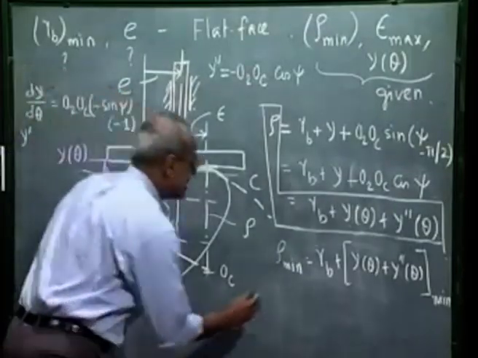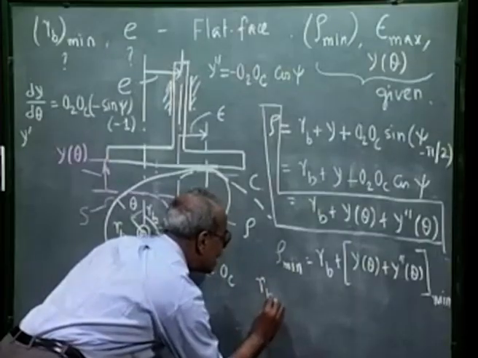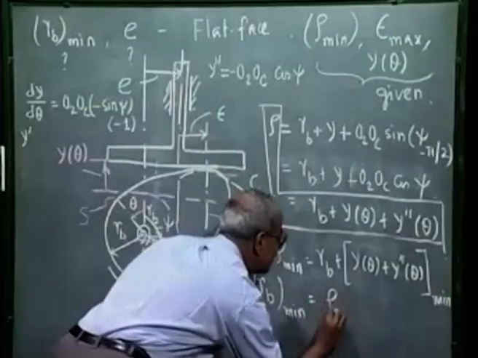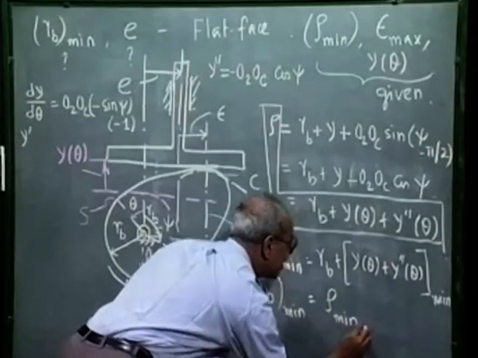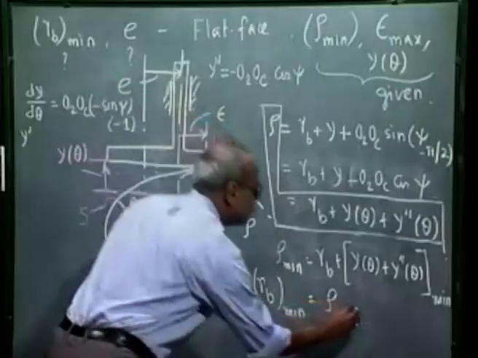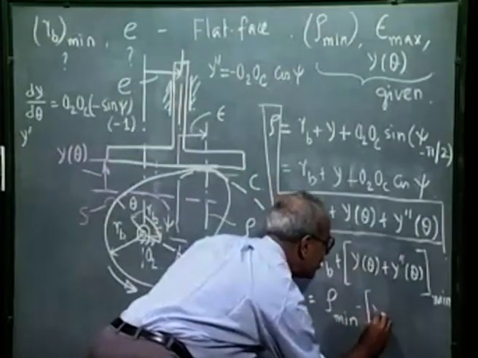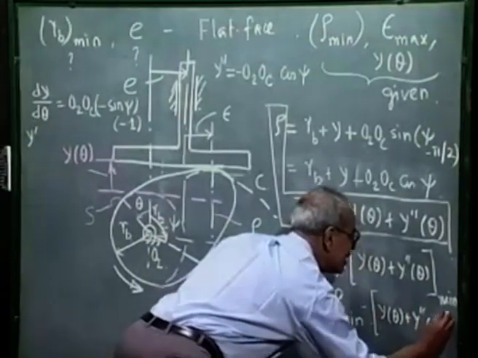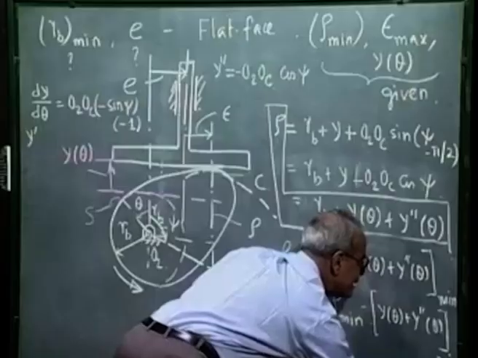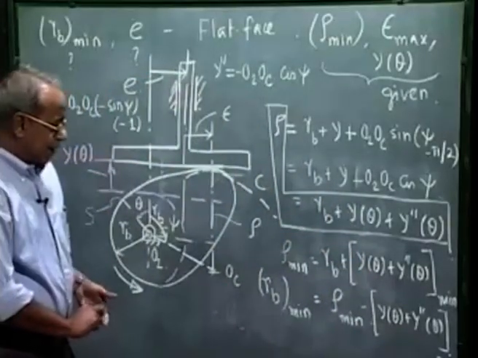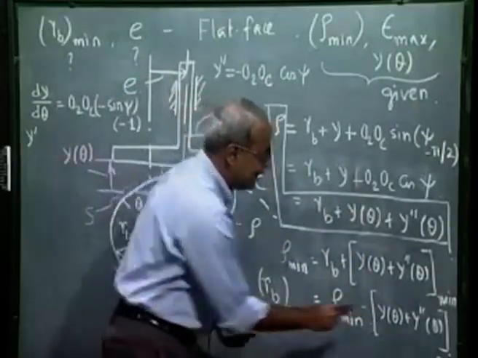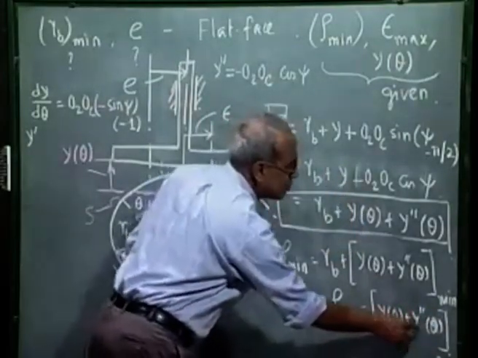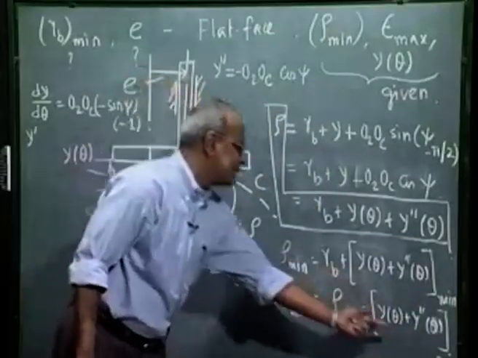So that clearly tells us that minimum value of RB has to be, for a given value of rho min, rho min minus y theta plus y double prime theta. I have to calculate the minimum value of this expression. For a given value of y theta, I first find for which value of theta y theta plus y double prime theta is minimum, and what is that minimum value.